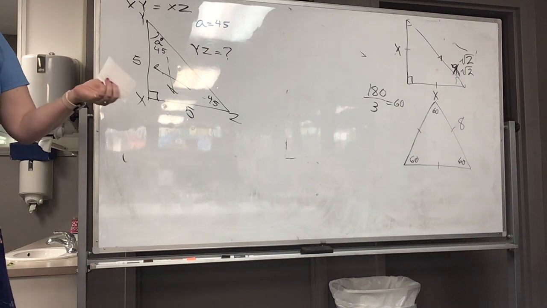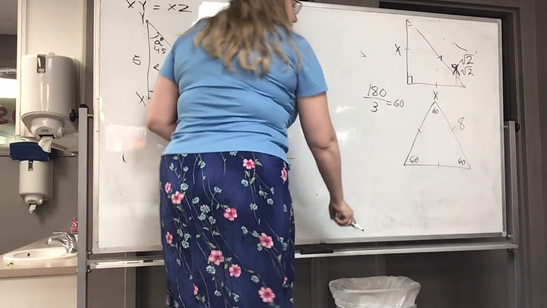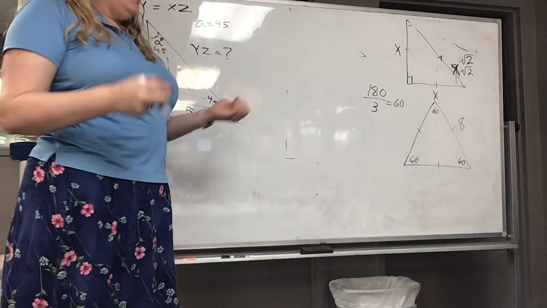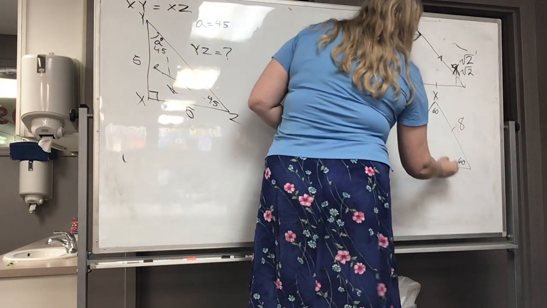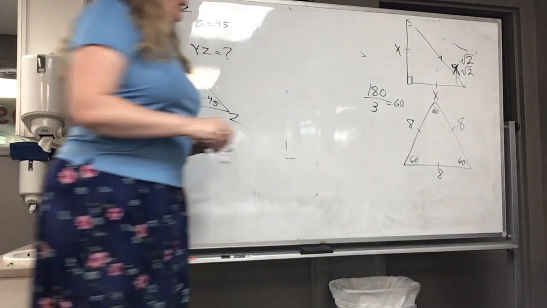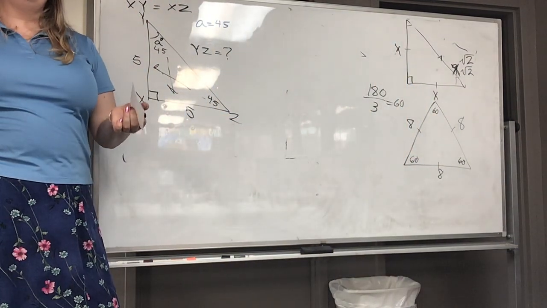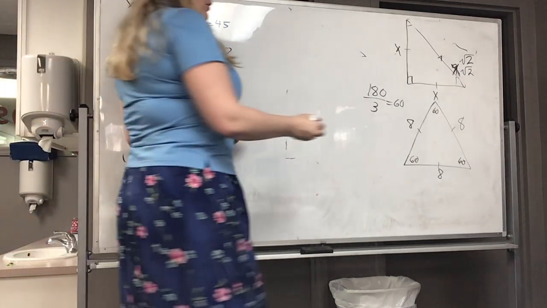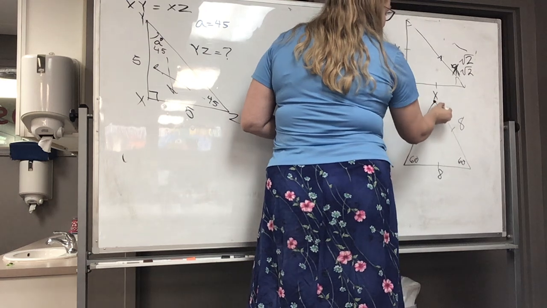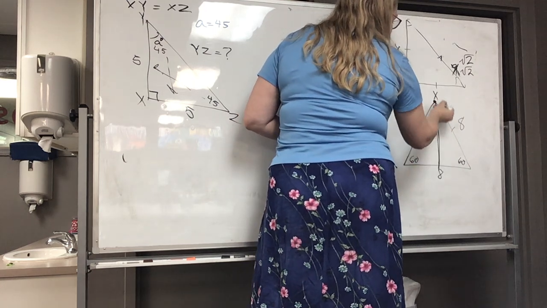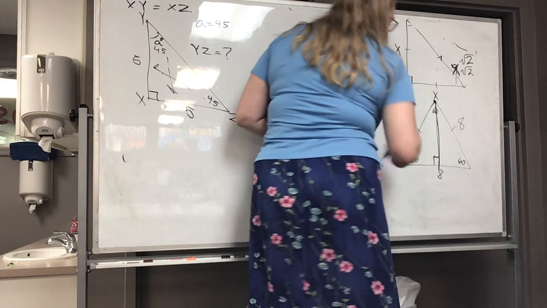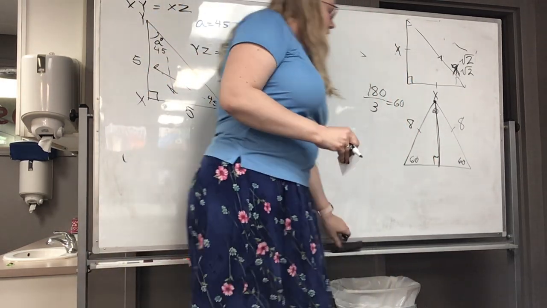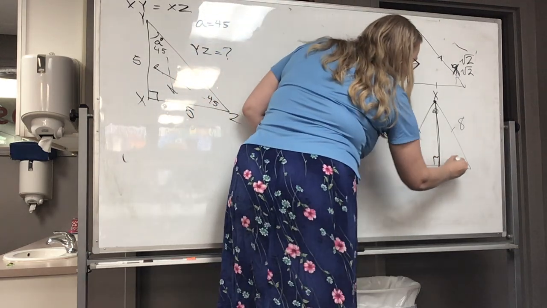Now, again, if the sides are all equal, if this one's 8, what are the other ones going to be? 8. But in regards to special right triangles, we're very much interested in half of this again. And so we're going to go from the top and cut this exactly in half. It's going to make a right angle, and it's going to chop this bottom side in half into 4 and 4.